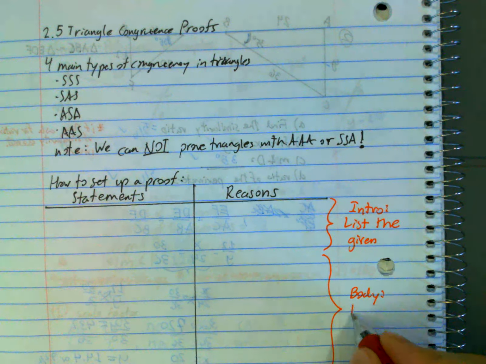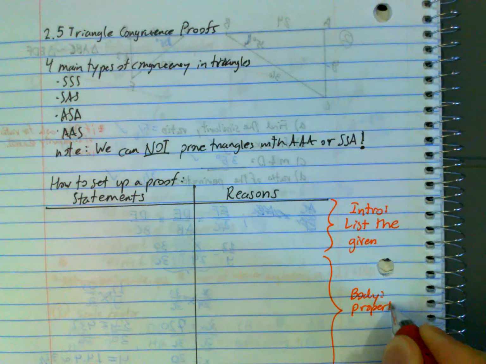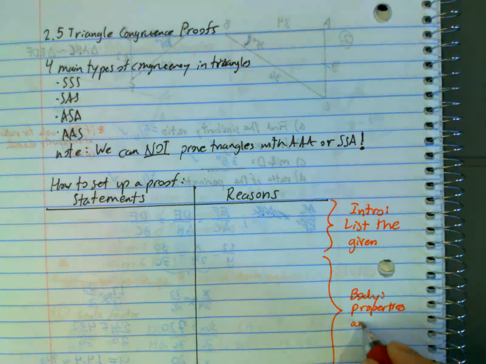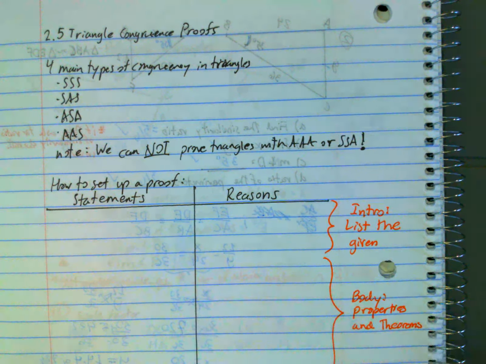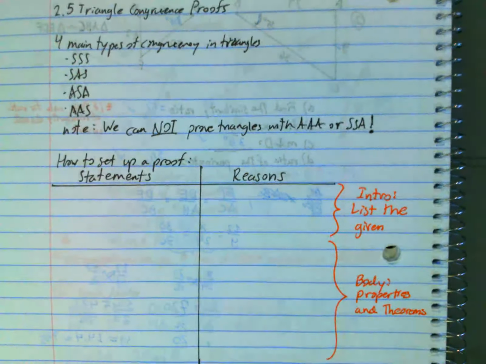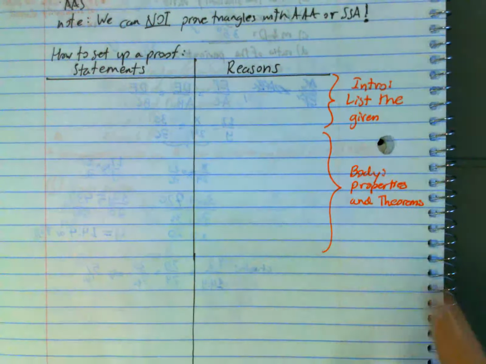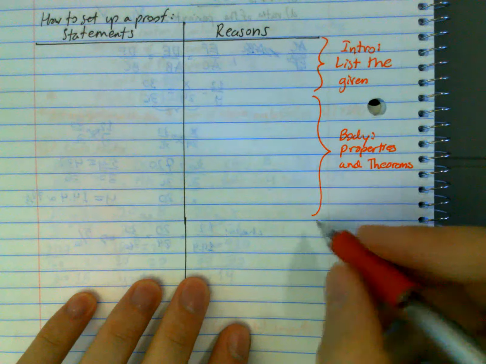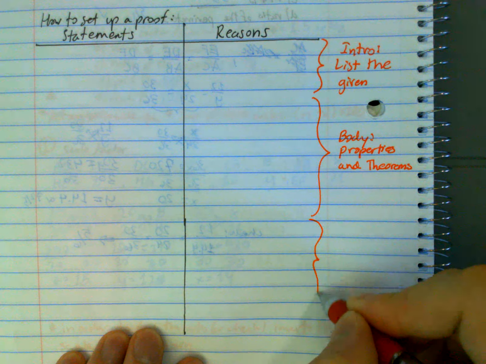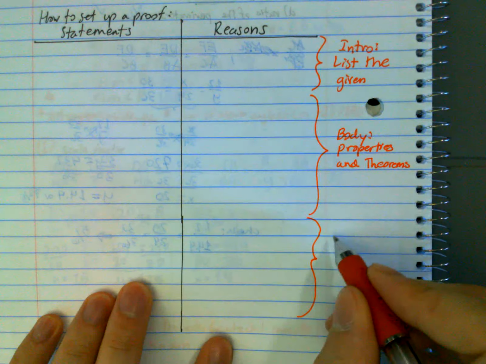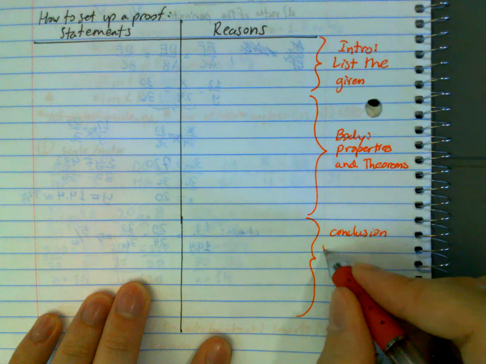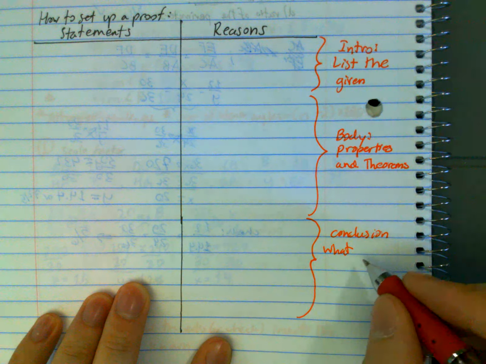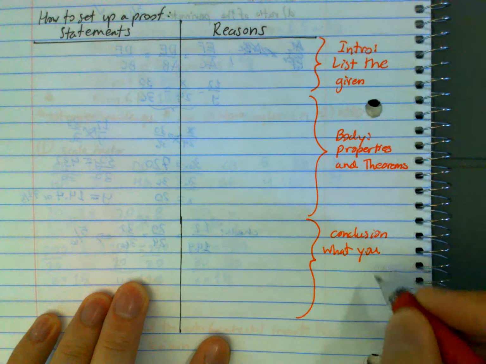Properties and theorems go here. And the last part is the conclusion. What you are trying to prove, or what you are proving.